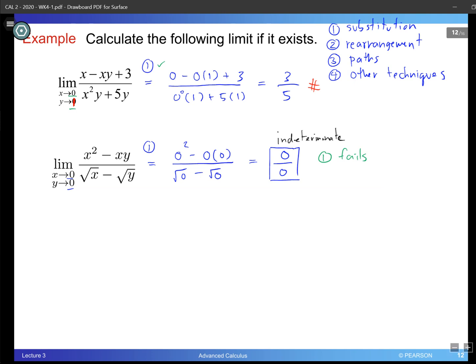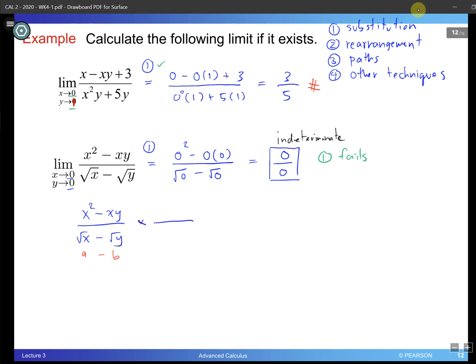By looking at this fraction, I see some pattern right here. I have x squared minus xy divided by square root of x minus square root of y. What I see right here is sort of like a minus b, front minus back. When I see something like this, I think of conjugation. You know, a minus b, I'm going to multiply this with a plus b.